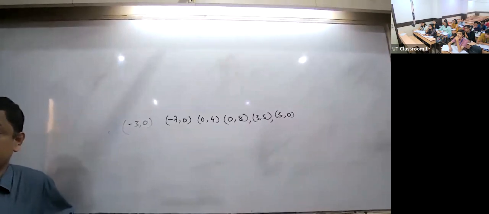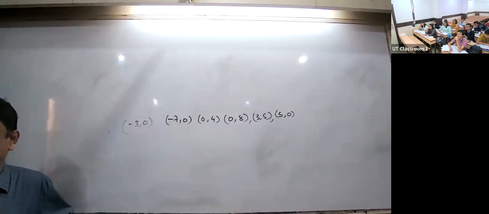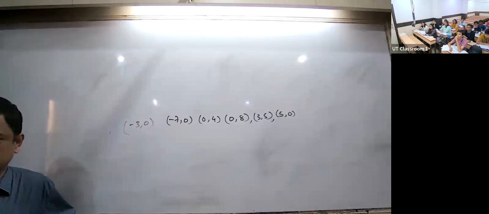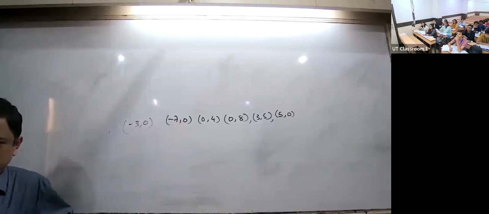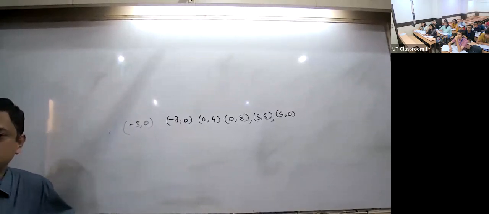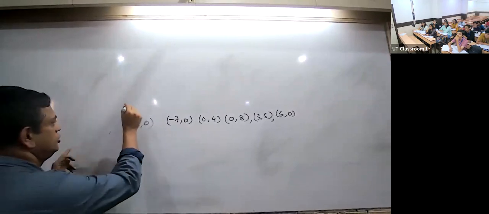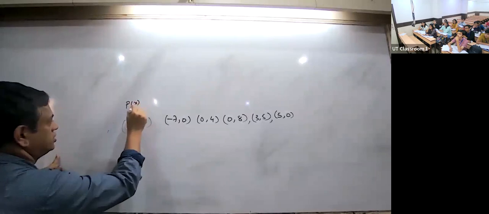The graph of a polynomial passes through all these points. Did you hear? The graph of the polynomial passes through these points means these are points on that graph. So now immediately you check which polynomial. Okay, P of X.